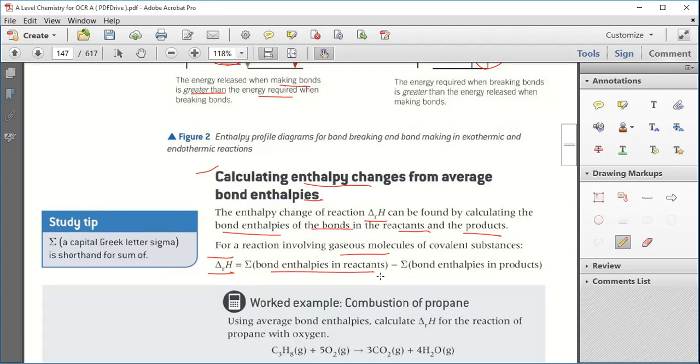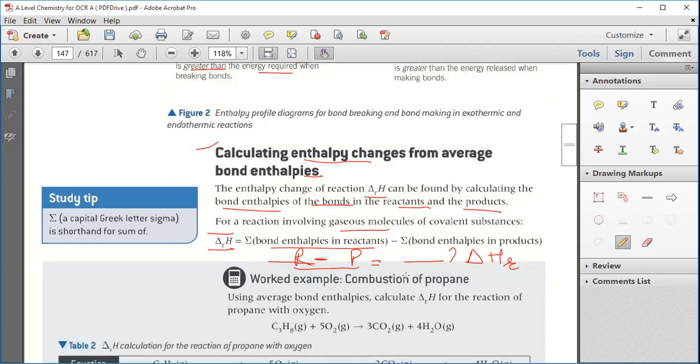So we have to simply add up each and every bond enthalpy on the reactant side and subtract the product side. Whatever the answer is will be known as delta H of the reaction. Clear? If it is negative, it is exothermic in nature. If it is positive, it is endothermic in nature. Is that clear?